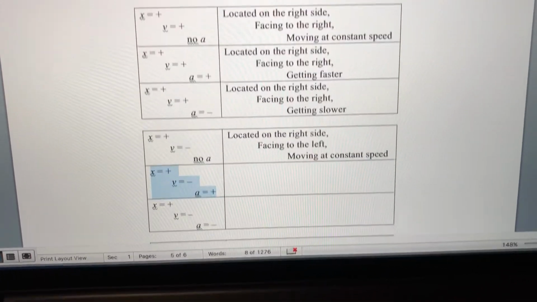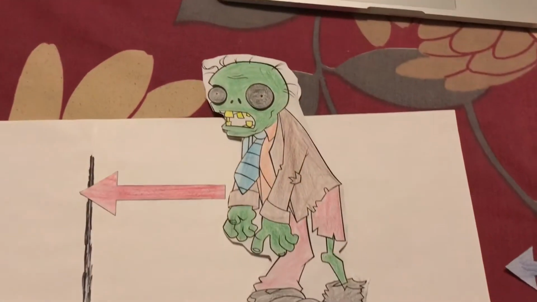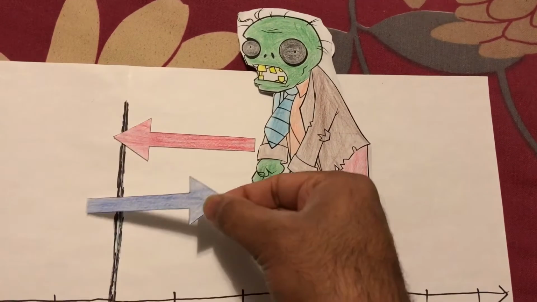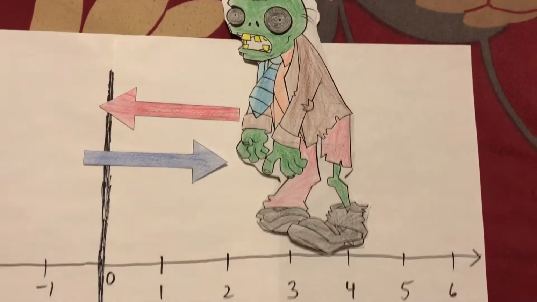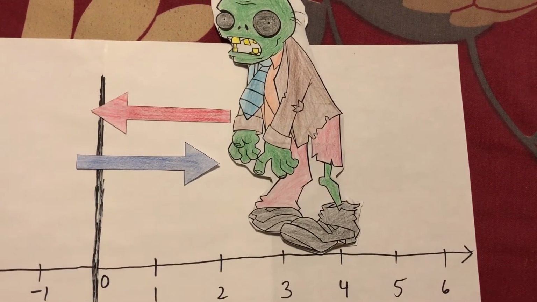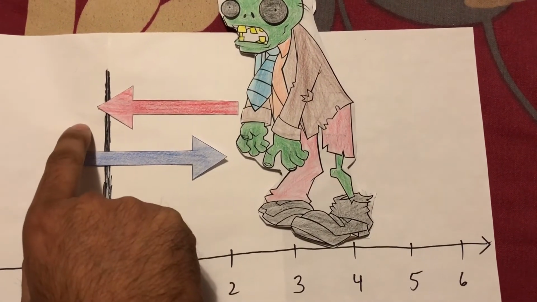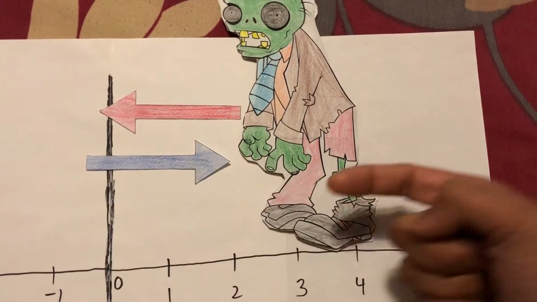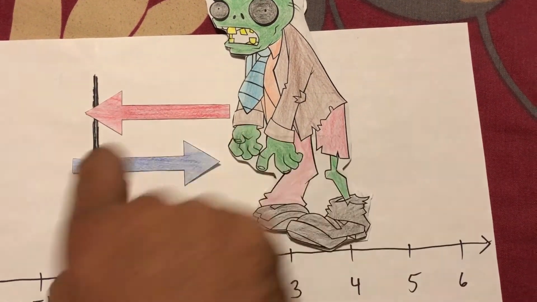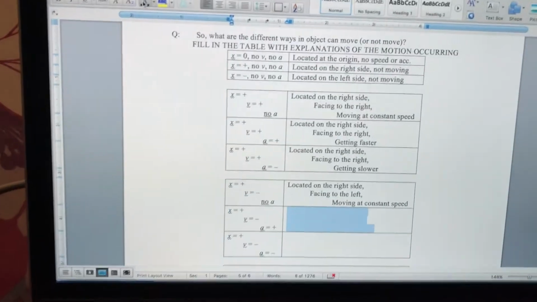Now if you add acceleration, which is positive, it's not going to help out the object, you're actually going to make it go slower, since the velocity is this way, but you're trying to push it back the other way. So it's going to get you to actually go slower.